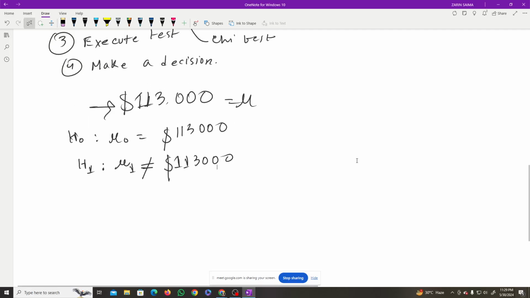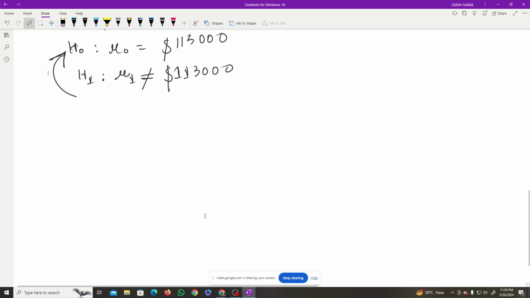So we can say that the null hypothesis is true until rejected, similar as innocent until proven guilty. So until the null hypothesis is rejected, we can say it is true, such as innocent until proven guilty.